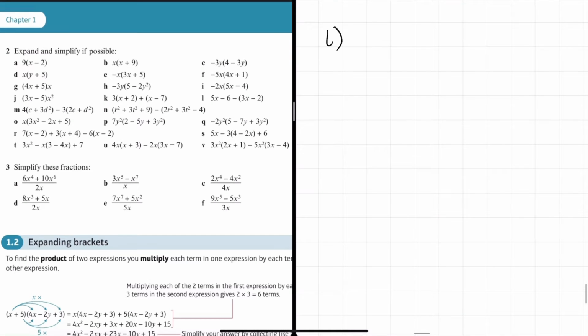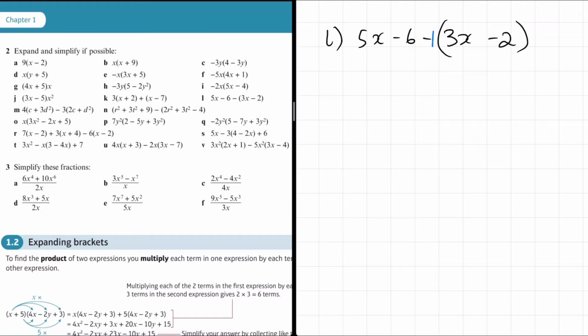L. 5x minus 6 minus, open bracket, 3x minus 2. Now, that bracket is very important because it means that the negative sign is outside of the bracket. So instead of the negative sign, we can just imagine a negative 1. So it's as if we're expanding it by multiplying it by negative 1.